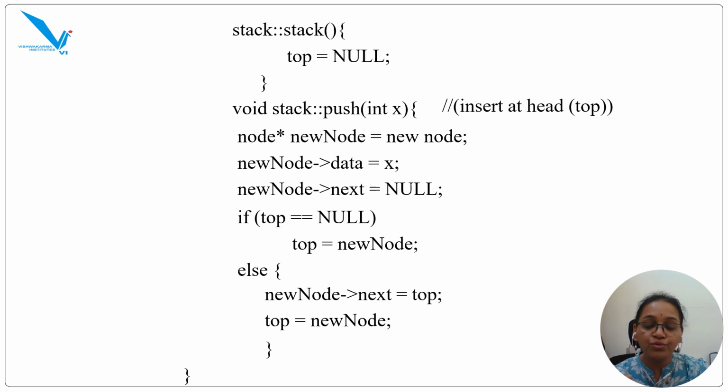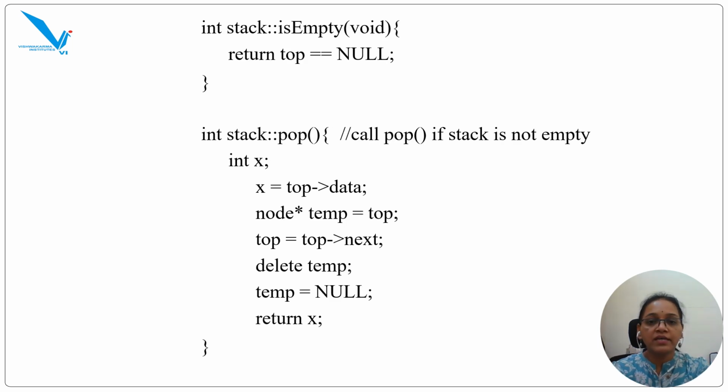So new node's next pointer should point to the top now, and your new top will be new node. Is empty condition: if your top is equal to null, then you have to return 1. So it indicates is empty condition.